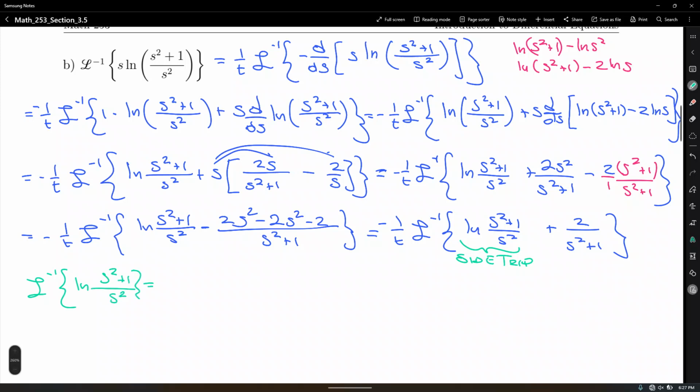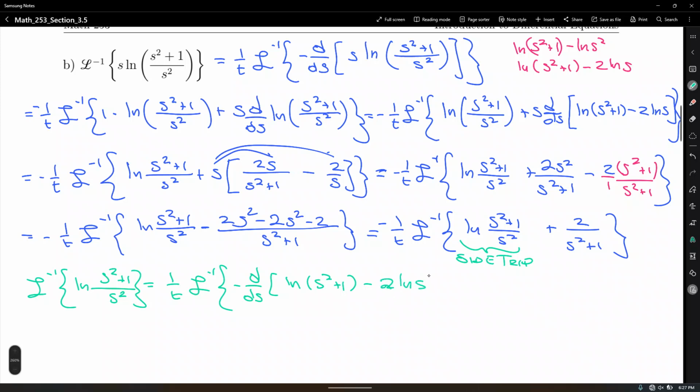That equals 1 over t times the inverse transform of negative the derivative with respect to s of ln of (s squared plus 1). Well, actually, let me do ln of (s squared plus 1) minus 2 ln of s.